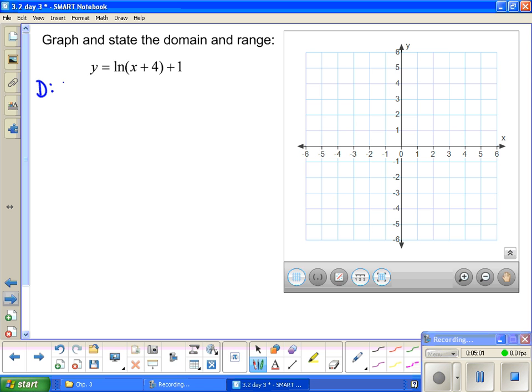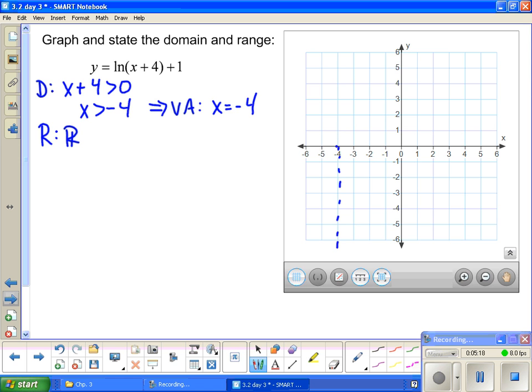We want our domain, x plus 4 greater than 0, so x is greater than negative 4. Range, all real numbers. This defines my vertical asymptote, x equals negative 4. Now I'm going to go to my inputs and outputs.